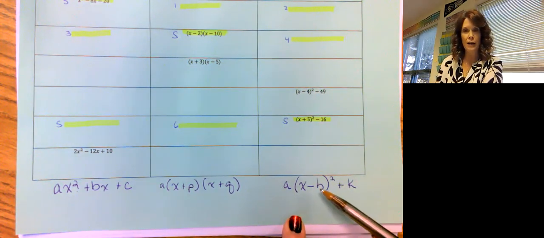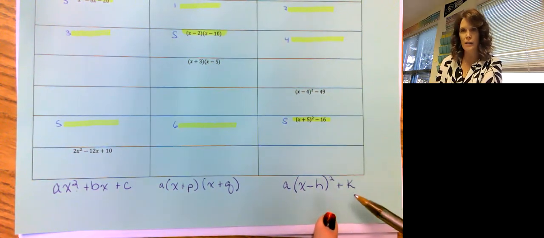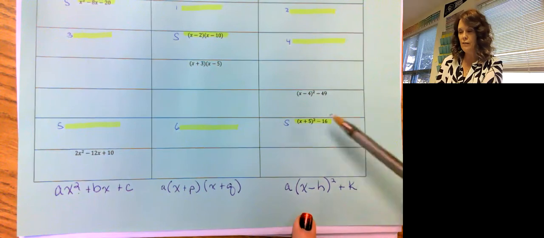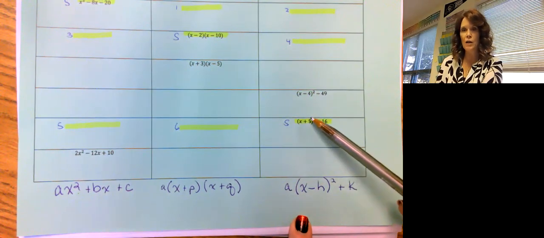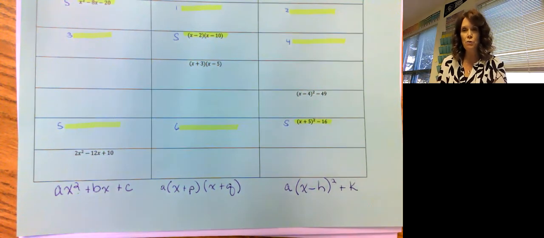Are we adding or subtracting this number? What's happening outside? Are we adding or subtracting that number? Okay, so if I identify up here, must be 1 right here, I would be typing in +5 here, -16 out here. All right, the structure will be there in Schoology. You just have to put the numbers in, no letters, okay, no spaces.